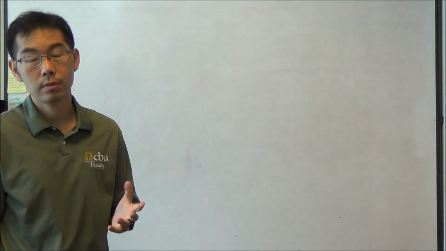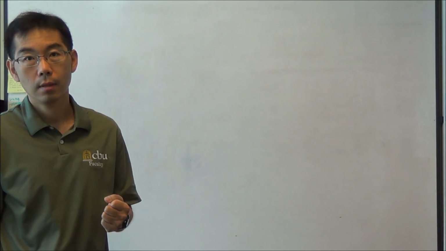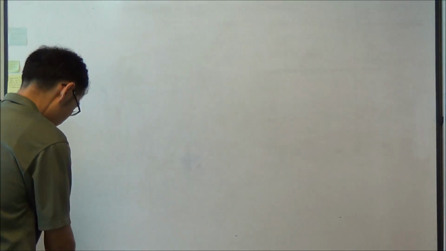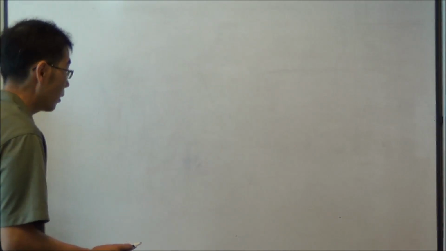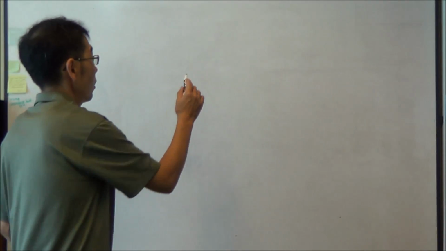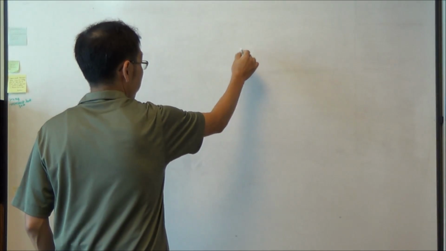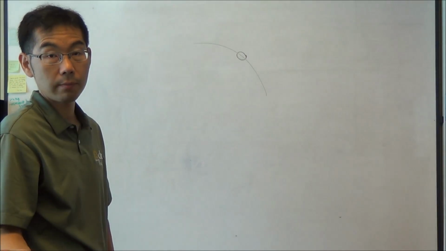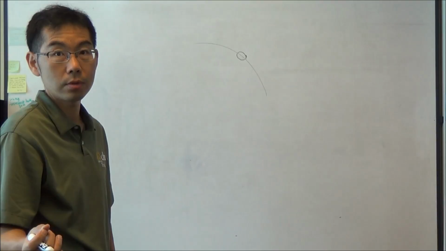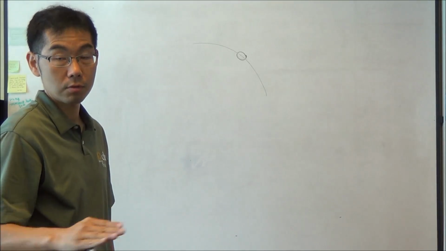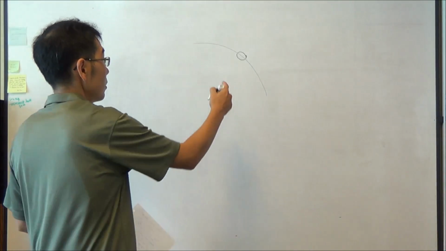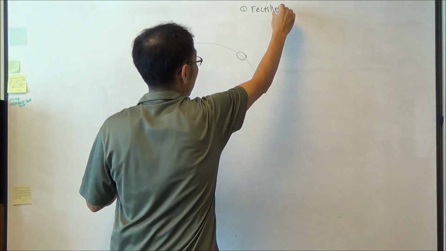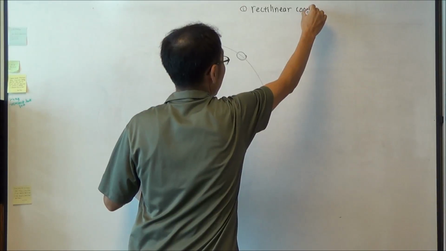We are going to describe the motion using several different coordinate systems. As you know, when the object moves along a curved path, because a curved path is a general motion that includes straight motion sometimes, we used the rectilinear coordinate system.